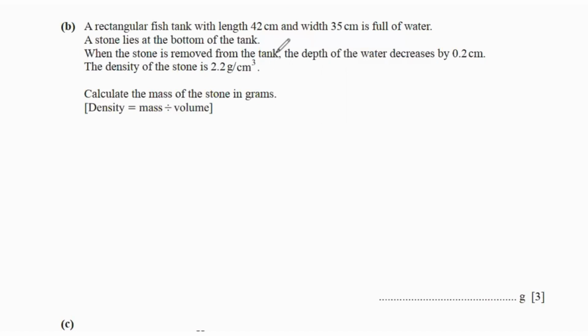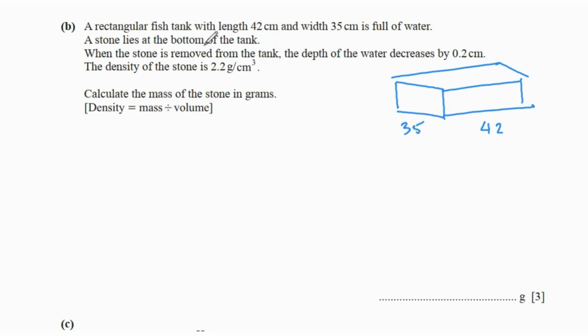So what we do is we begin with creating a visualization of what they're saying. So we have a rectangular tank with length 42 centimeters, width 35. A stone lies at the bottom of the tank.